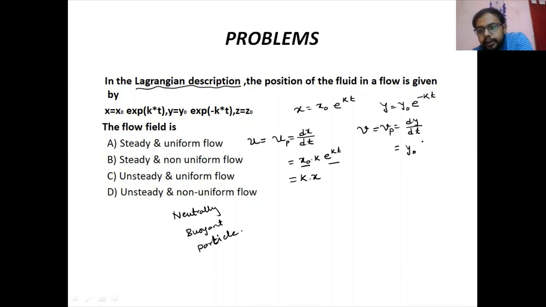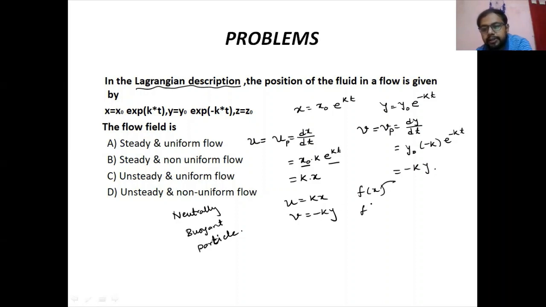So here v is equal to minus k y0 e to the power minus kt, so minus ky. So you see, u is equal to kx and v is equal to minus ky. U is a function of space x and v is a function of y, so we can say it is a non-uniform flow.